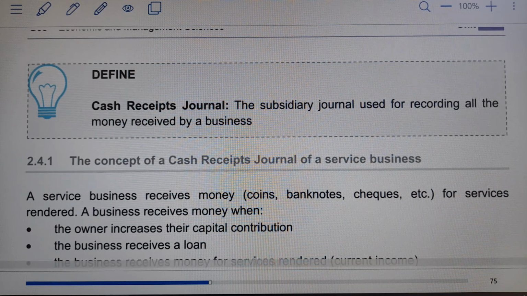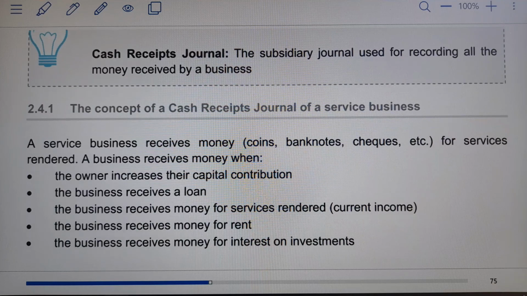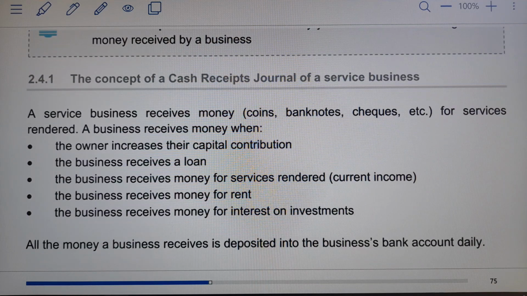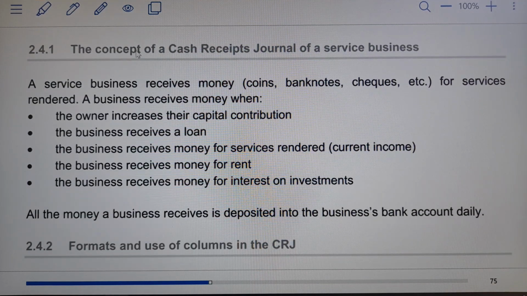And we look at section 2.4.1 on page 75, the concept of a cash receipt journal of a service business. A service business receives money, either coins, banknotes, or checks for services rendered. A business receives money when, number 1, the owner increases their capital contribution.